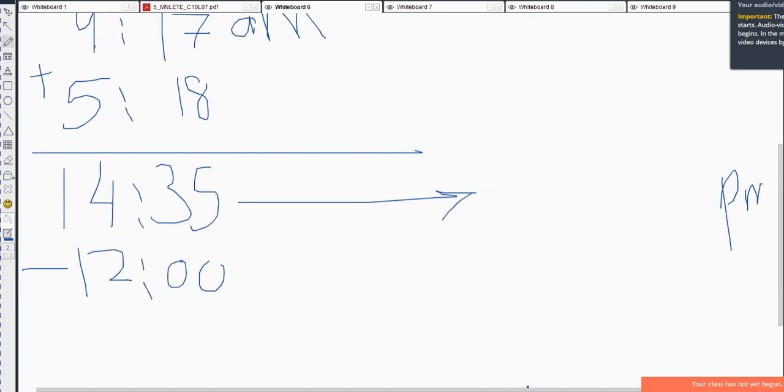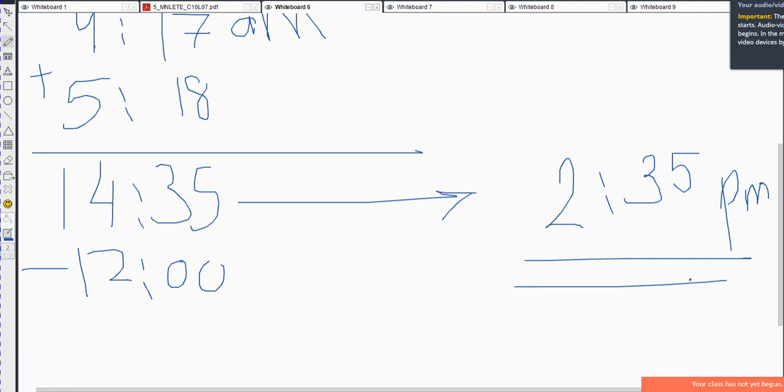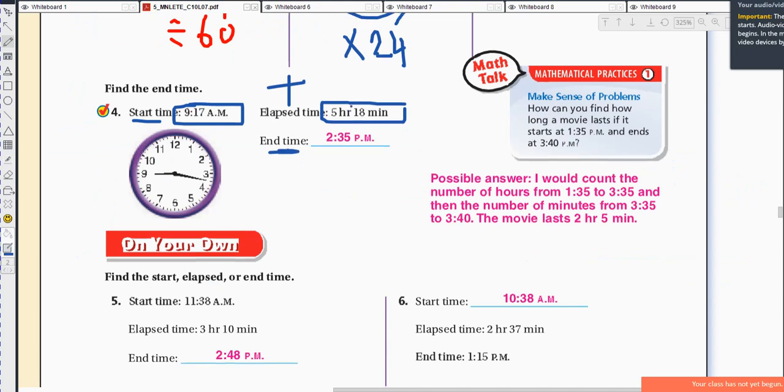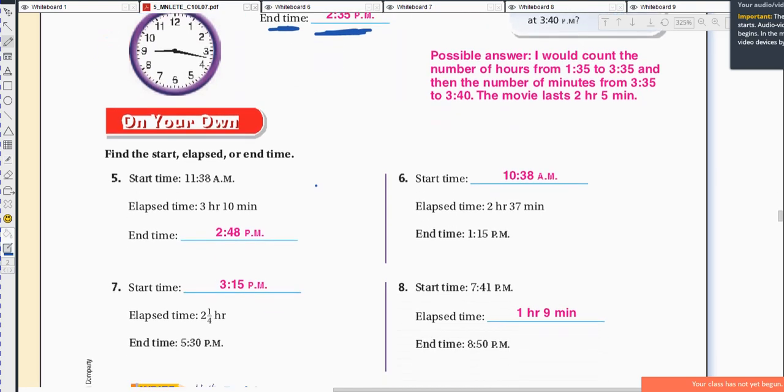So let's subtract. 35 will be the same, and here 14 minus 12 equals 2. So the answer is 2:35 p.m. Like that.